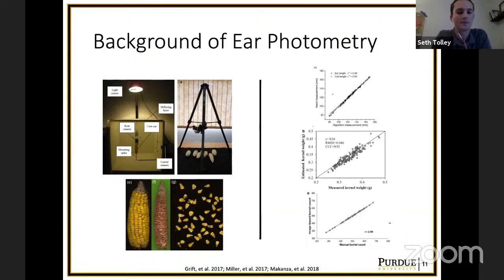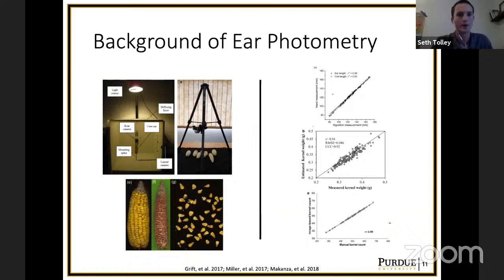A lot of these previous studies have imaged these ears from multiple angles, and for their estimates of kernel weight, they've shelled the ears and looked at the shelled kernels rather than the kernels that were on the ear. To me, that's the biggest reason why our correlations are so much lower than what's been previously reported.